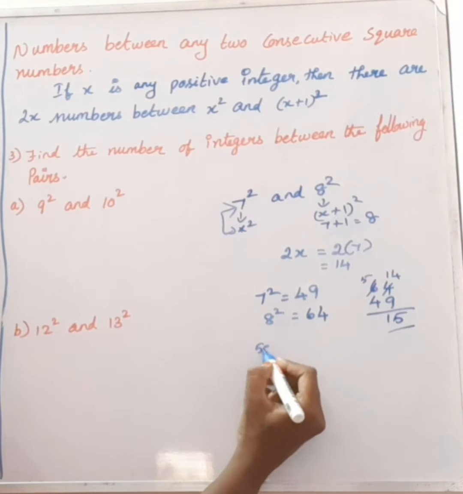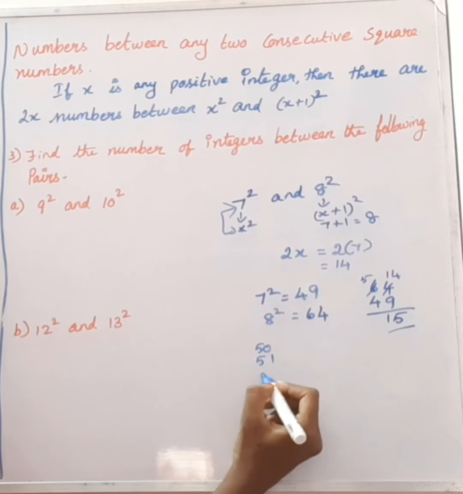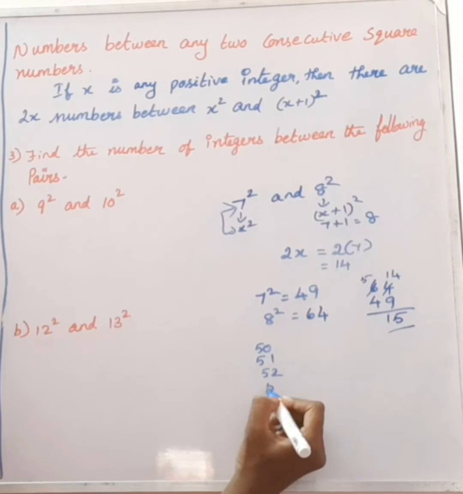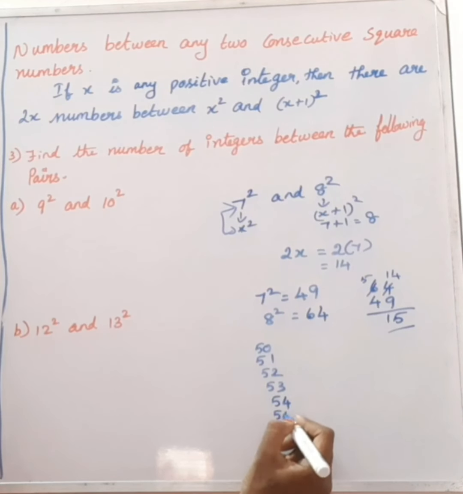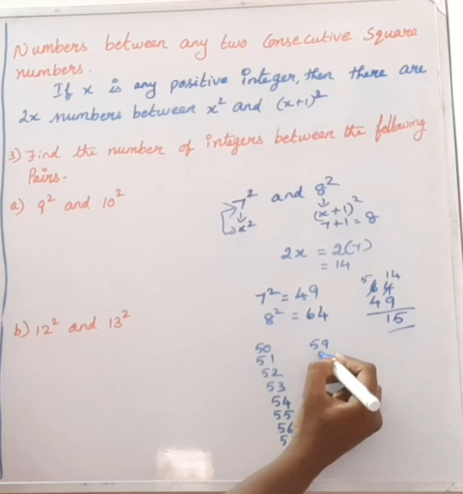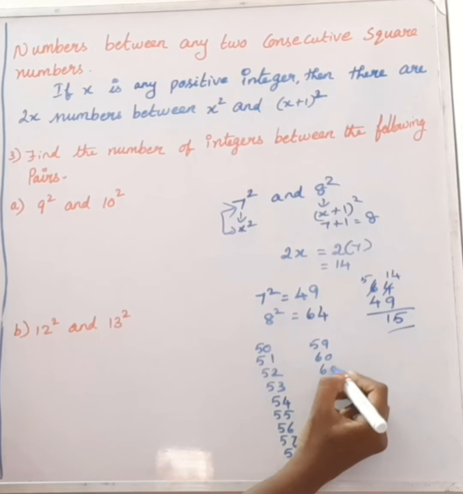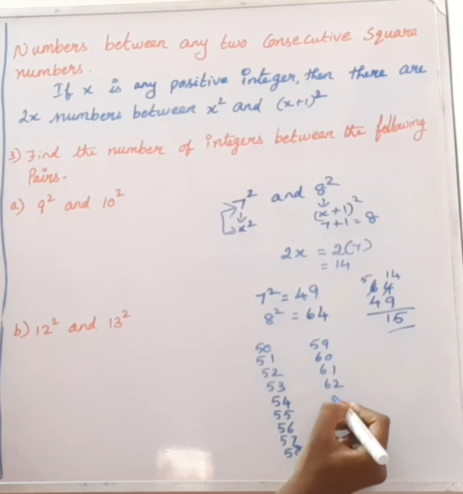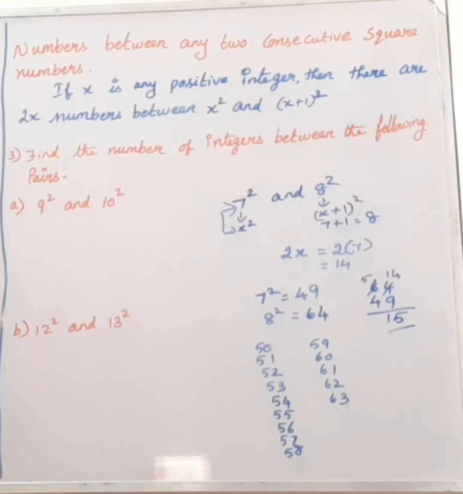After 49: 50, 51, 52, 53, 54, 55, 56, 57, 58, 59, 60, 61, 62, 63. That's all, because they are asking for the in-between numbers.